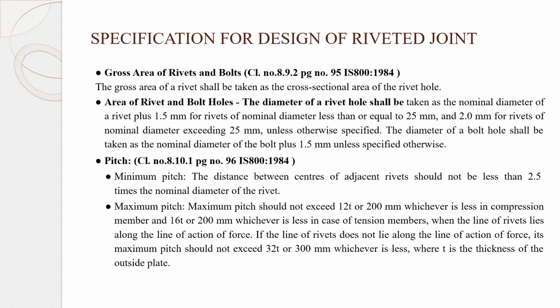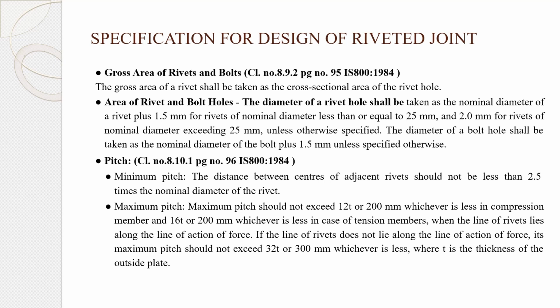Now the gross area of rivets and bolts as per clause number 8.9.2. The gross area of a rivet shall be taken as the cross sectional area of the rivet hole. The diameter of the rivet hole shall be taken as the nominal diameter of the rivet plus 1.5 mm for rivets of nominal diameter less than or equal to 25 mm, and 2 mm for rivets of nominal diameter exceeding 25 mm unless otherwise specified.